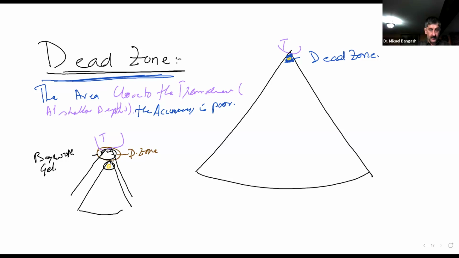And this falls at a deeper depth in your image, although it is at a shallow depth as far as the tissues or the depth in the patient is concerned. So this is mainly a way to counteract your dead zone. Did you guys get that?